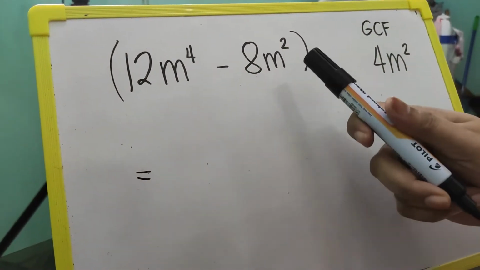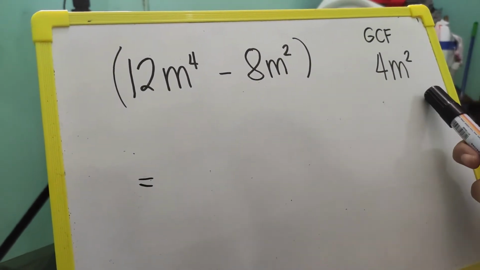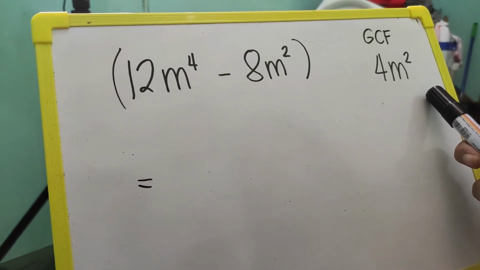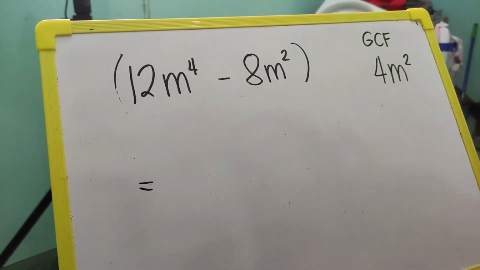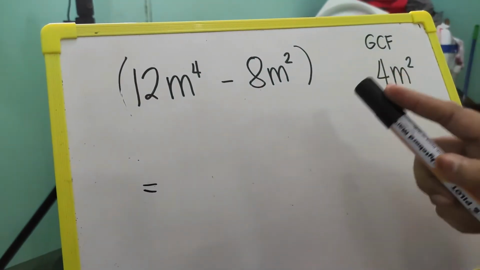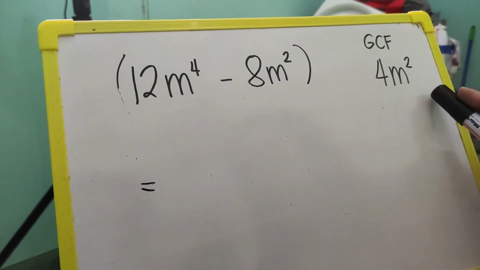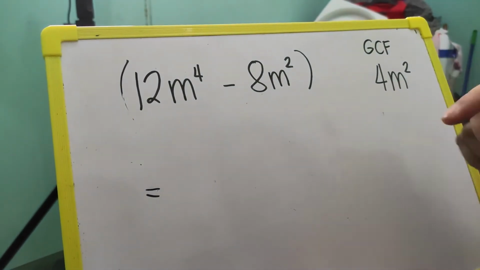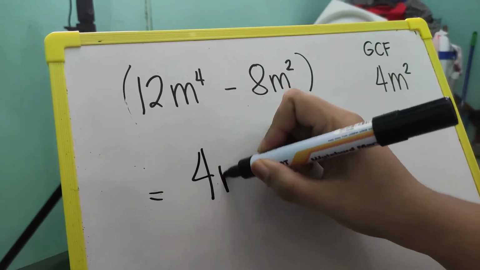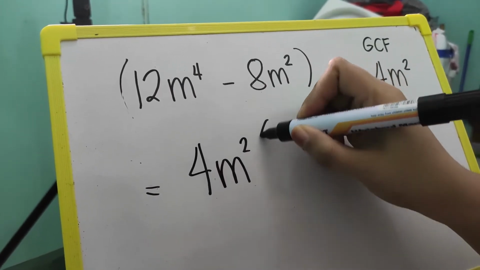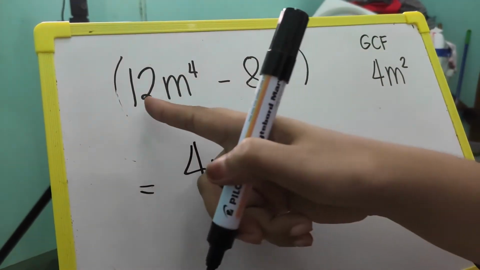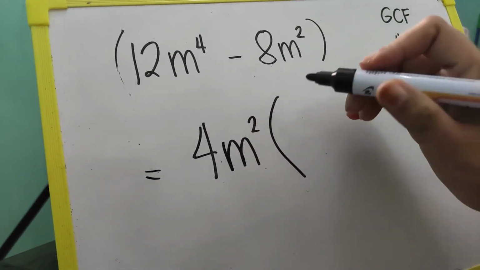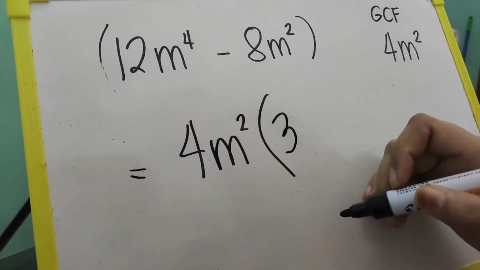Now let's factor this given using the GCF that we have solved a while ago. All we have to do is divide this binomial by 4m squared. So we will be writing this outside the parentheses. What is 12 divided by 4? That's 3, right?